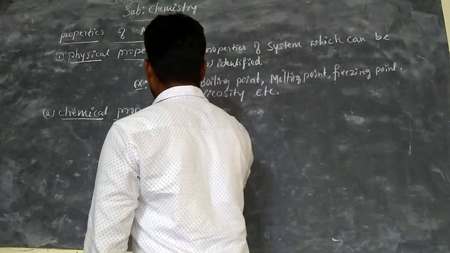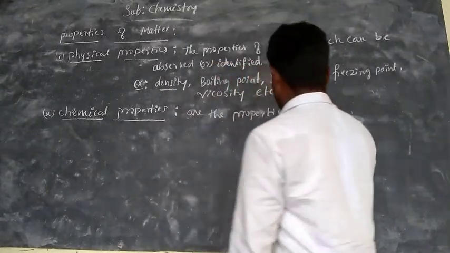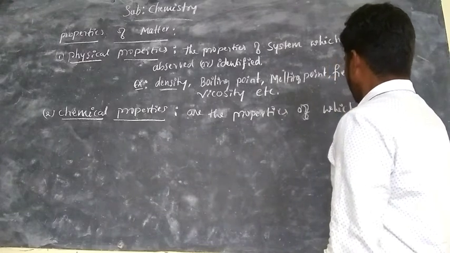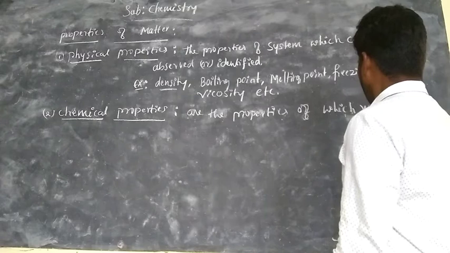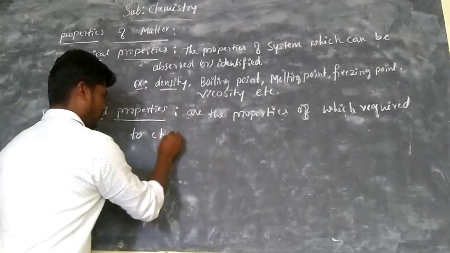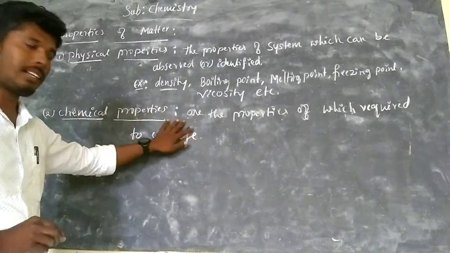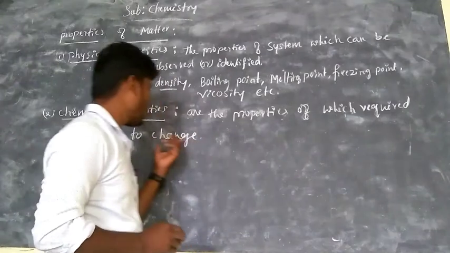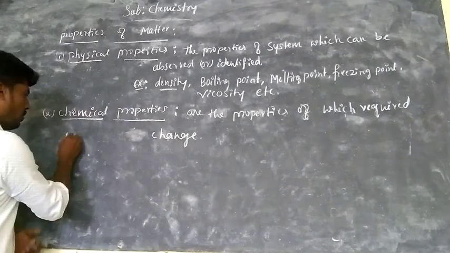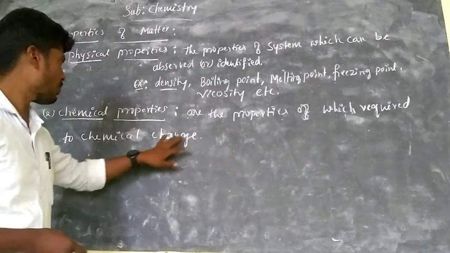Chemical properties are the properties of a system which require a chemical change, and this is called chemical properties.